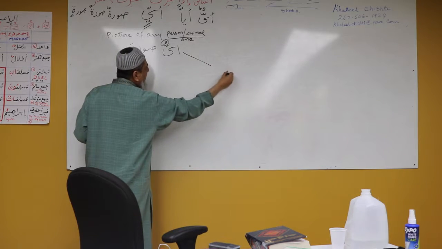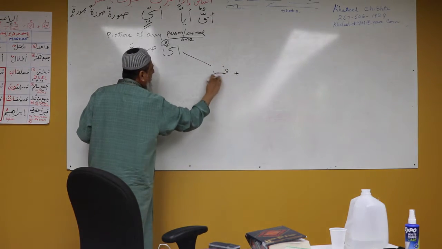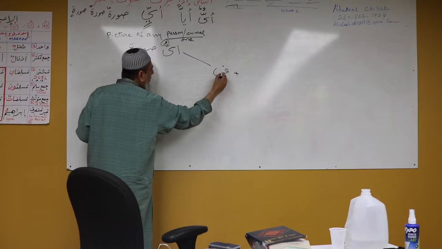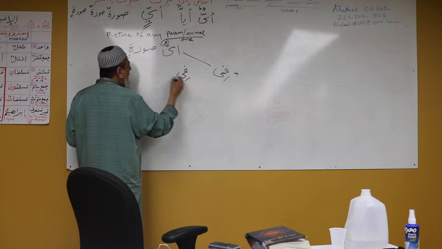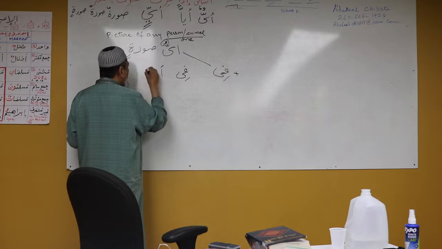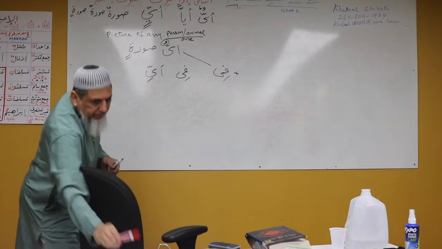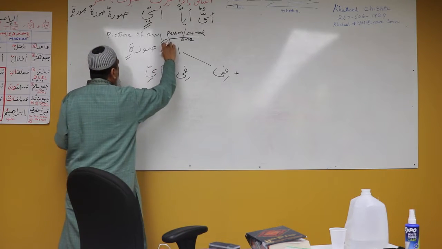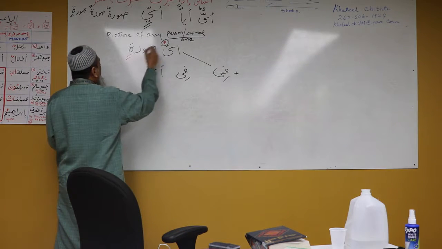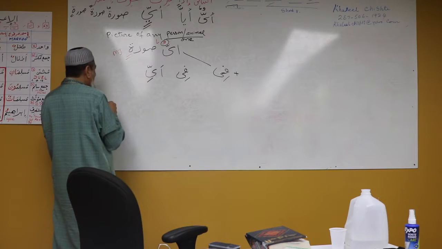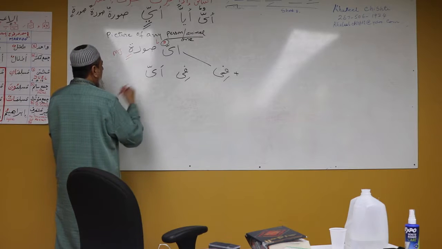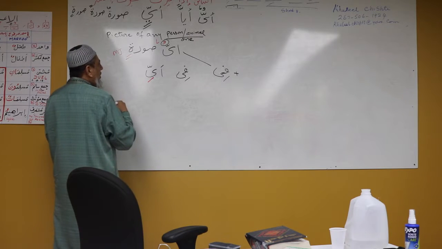add fi plus fi. Fi. So it will become fi ayyi. Ayyu will become ayyi. Remember this became lighter here, and this became majroor. Fi ayyi surat.